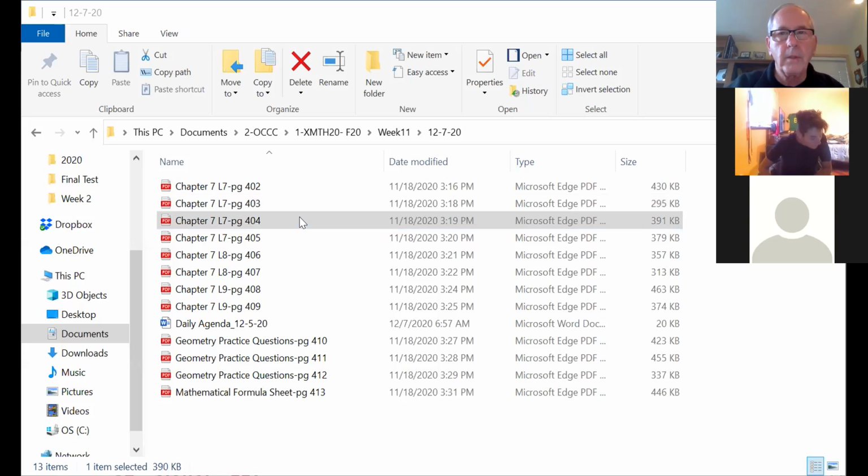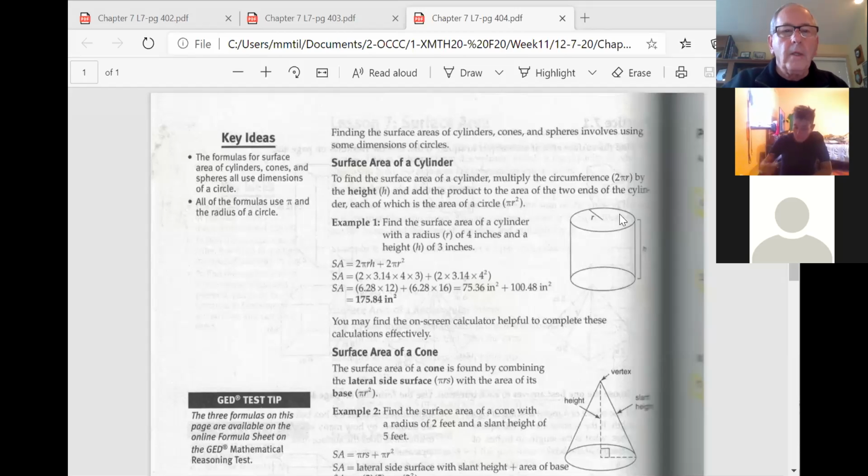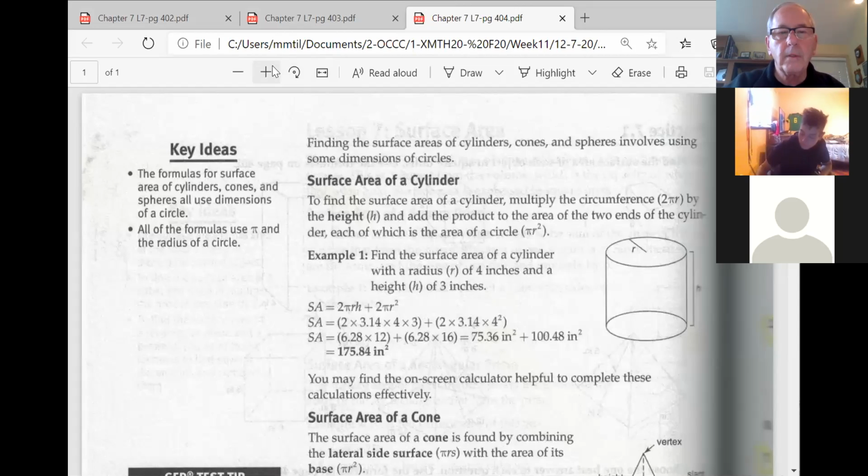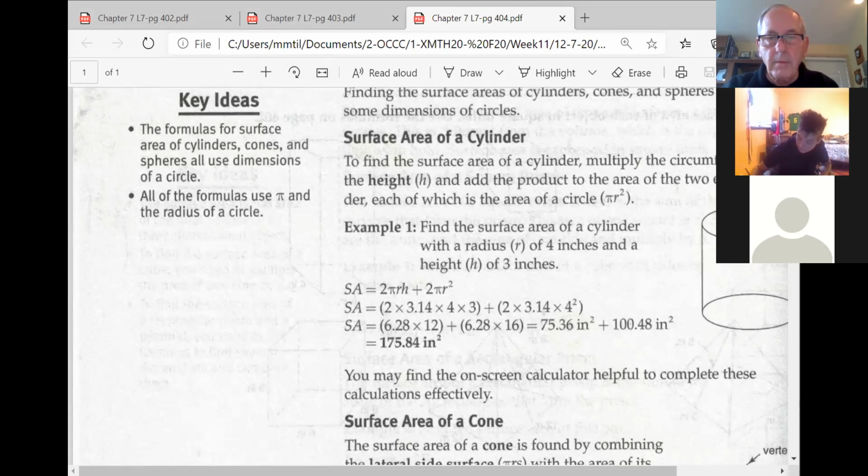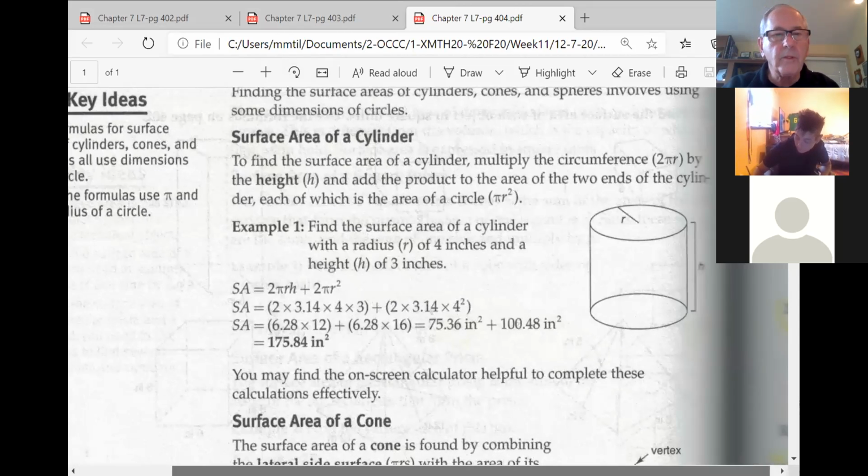Stop sharing that and we'll go on to the next one here. We're still in surface area, and we have cylinders and cones. For a cylinder, we figured out what the volume was, but for surface area we take the base, the top and bottom, and then add the wall of the side.